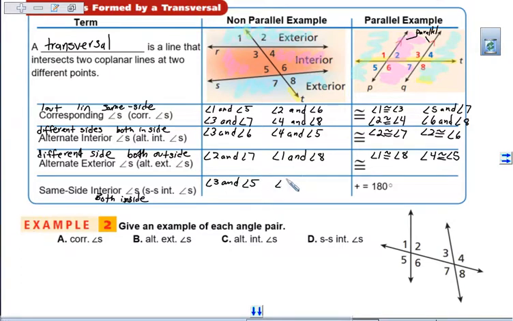And the other set would be angle 4 and angle 6. And again, we know more information when we have parallel lines that are being intersected. We know same side interior angles are supplementary. They add up to 180 degrees.